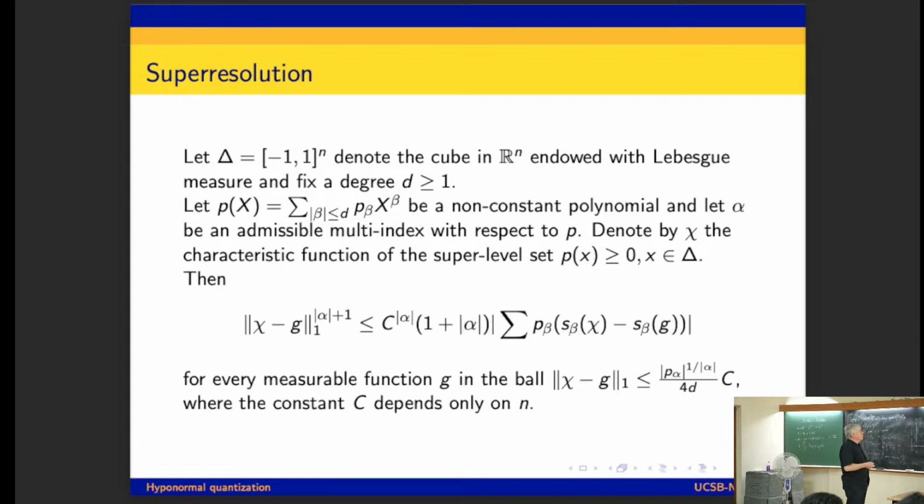Then every measurable function which is close enough to this special one has the bound measured by the closeness, by the jump only in moments up to the respective degree. So if I know that the moments are small, then the full gap between the shape and the finitely determined object is small.